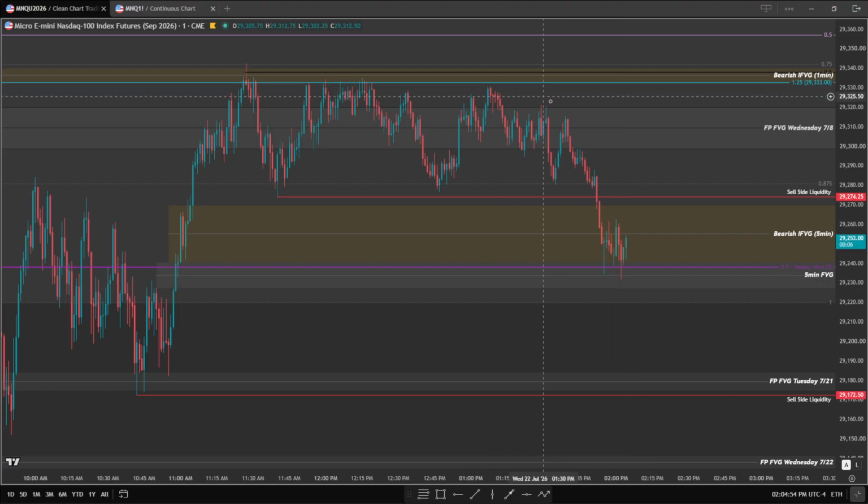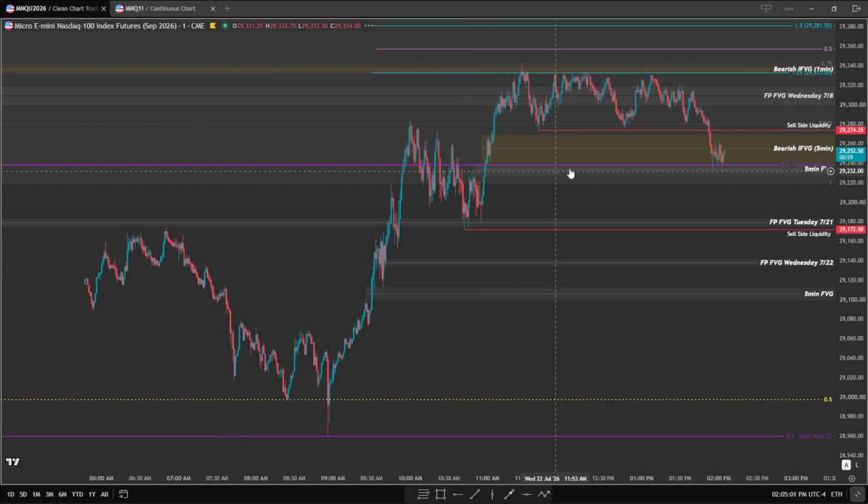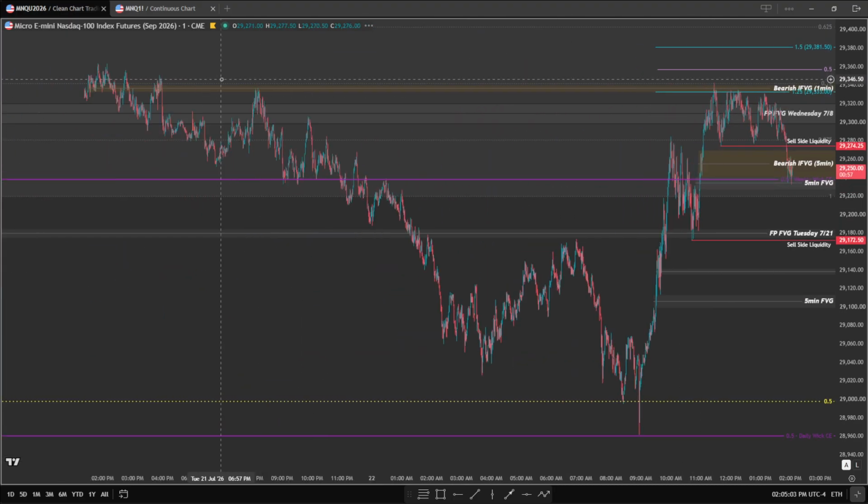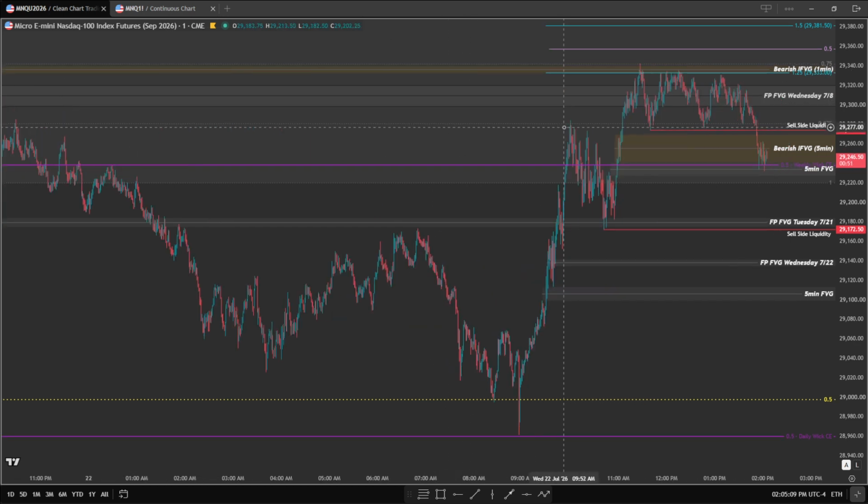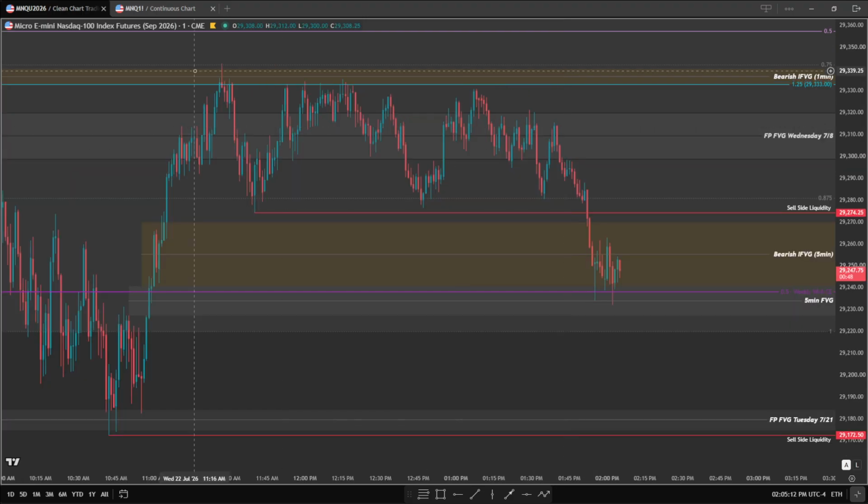And all this buy side left up here is really, really suspicious to me, especially because that's stacked on top of these highs here. I wish I would have been paying more attention because honestly, this is a nice entry into this bearish inversion.